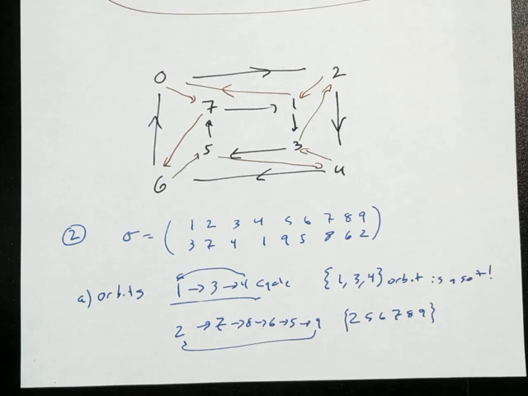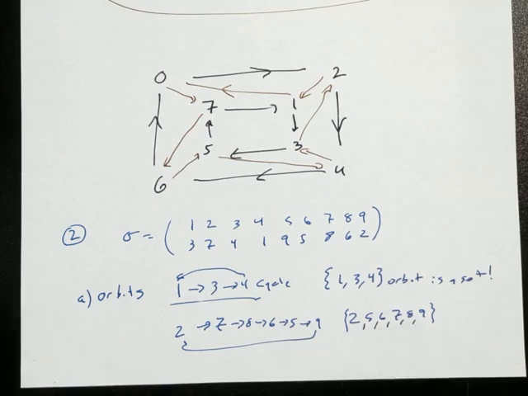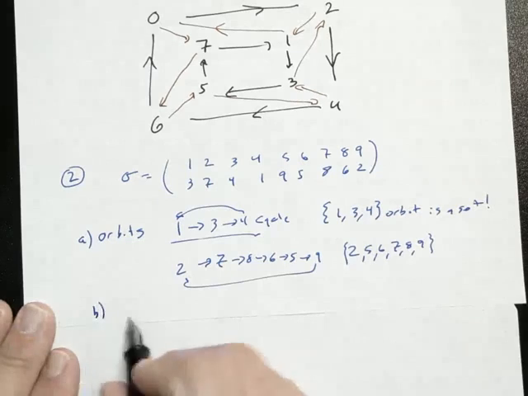The orbit is just a set. It's the numbers listed in any order you want. The cycle requires the order. And that's part B, because now I've got all of the numbers and I've got them in cycle order. So B.